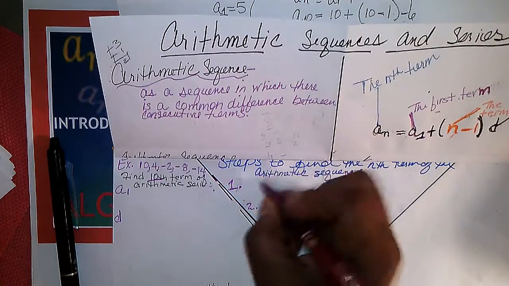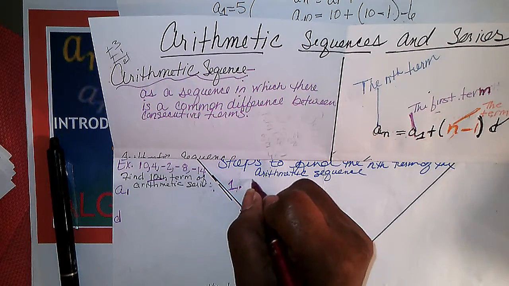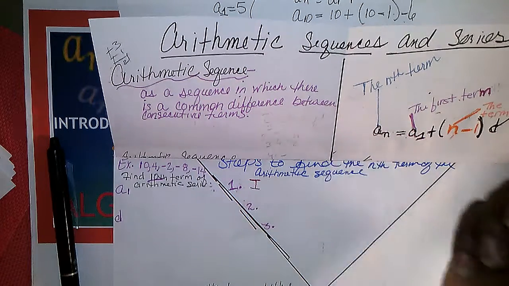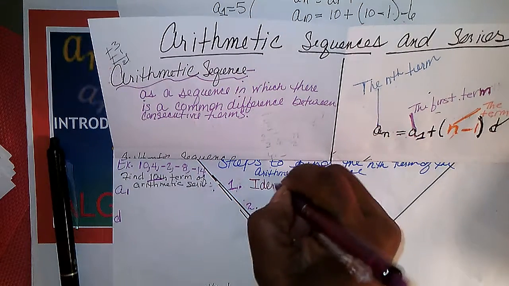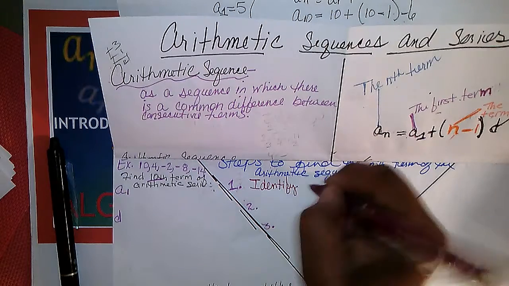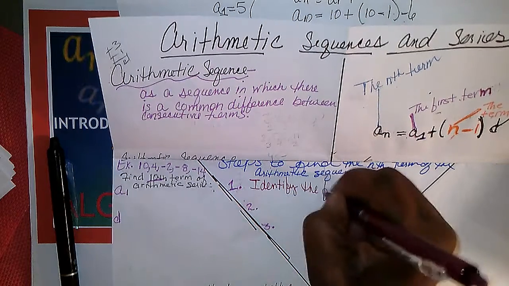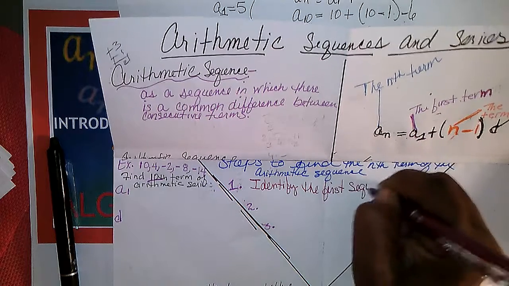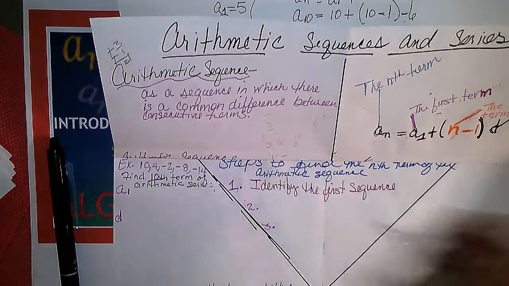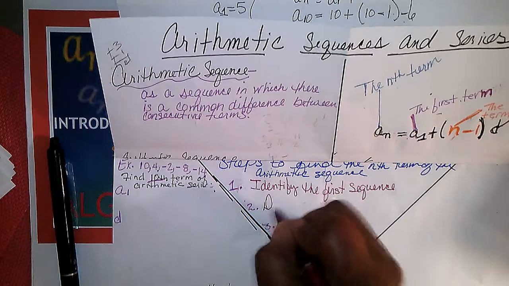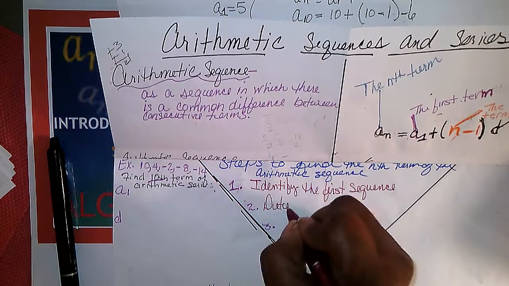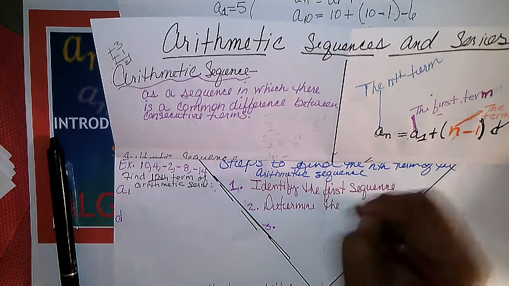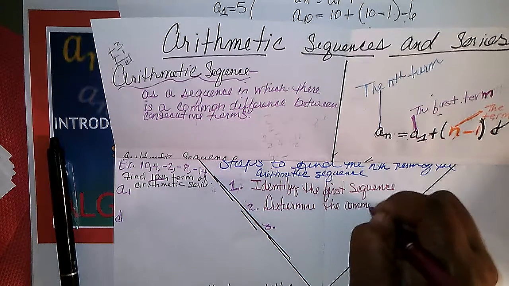So, the first thing we're going to do is identify the first term in a sequence. So, if you want to write these notes down, number 2, determine the common difference.